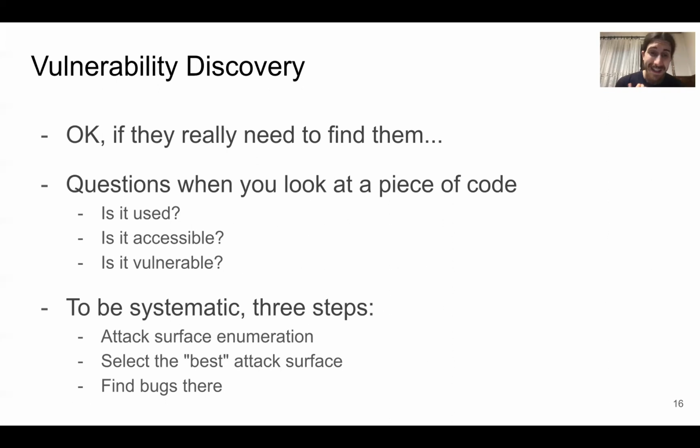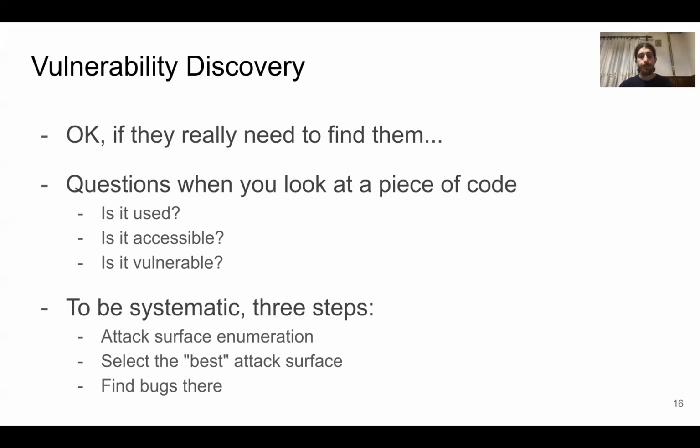Second question is, is it accessible to an attacker? Rephrased, is this piece of code somehow part of the attack surface that I should consider given my threat model? If the answer is no, then we are back to the attacker not being able to reach it.